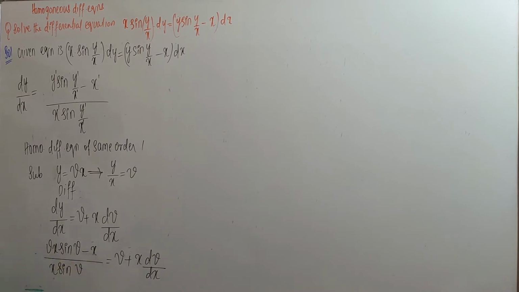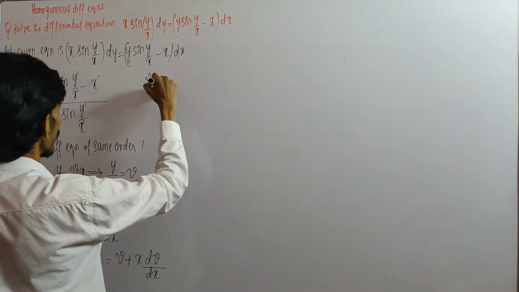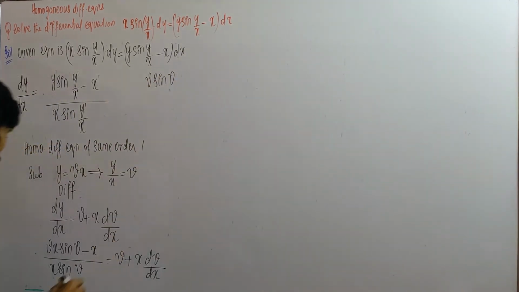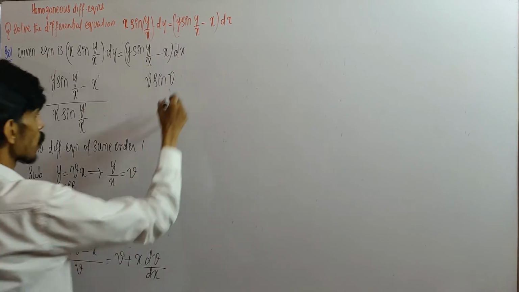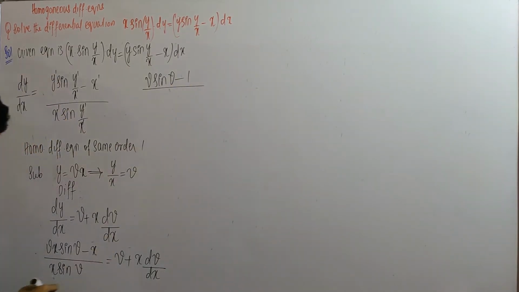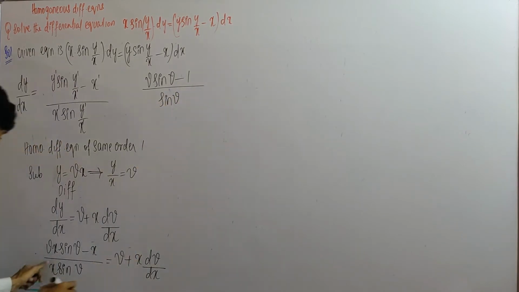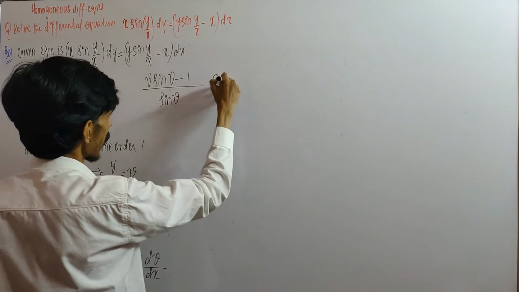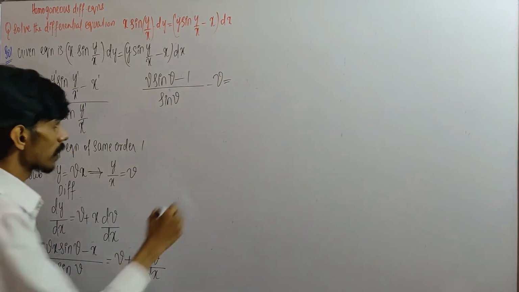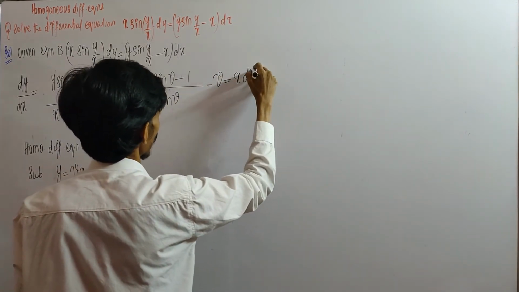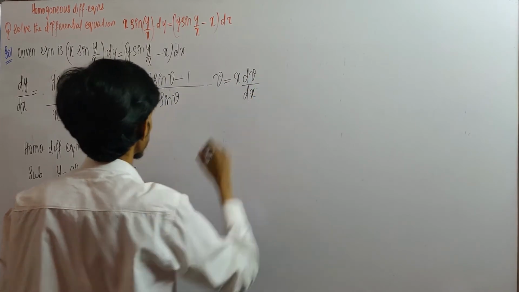Now take x common from numerator and denominator and cancel. Here I have (v sin v minus 1) upon sin v. This x and this x get cancelled. Take this v to this side, it will become minus v, equal to x dv by dx.